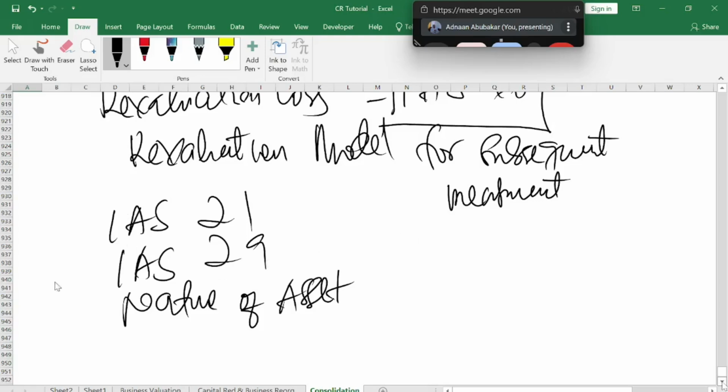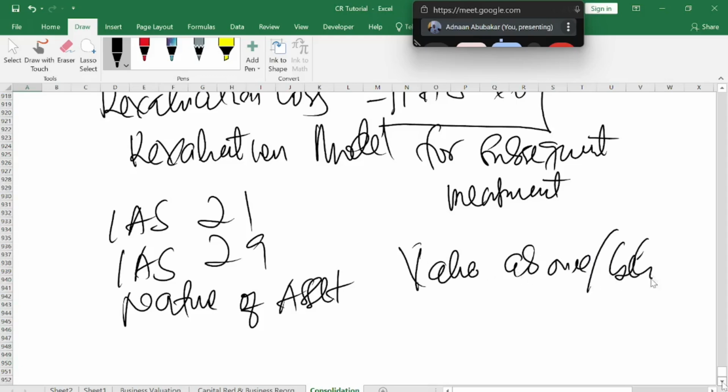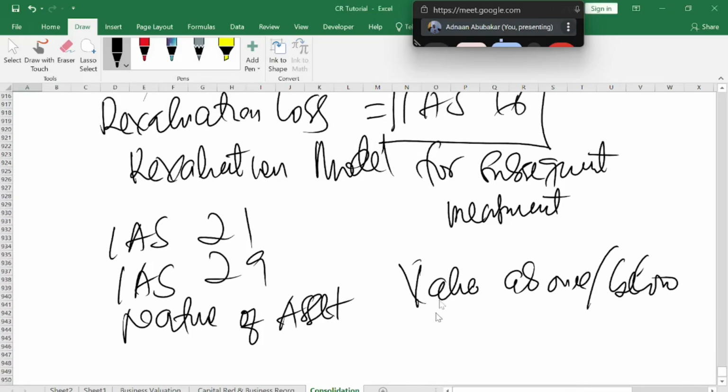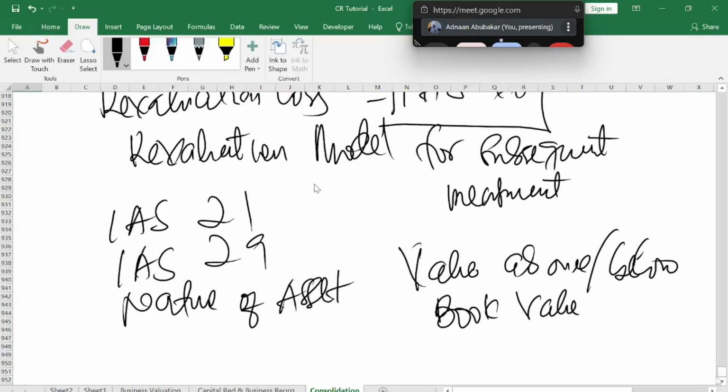Now, if you have an asset, what can cause the asset to be valued above or below book value? One, IAS 21 or IAS 29, or the nature of the asset.